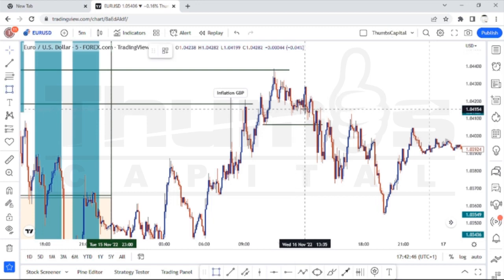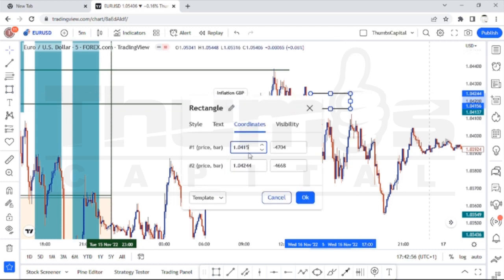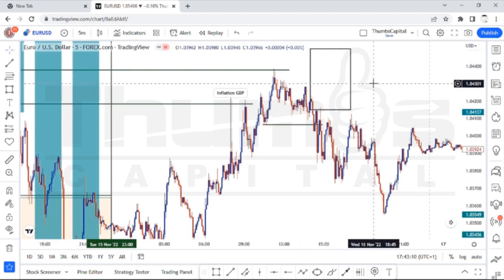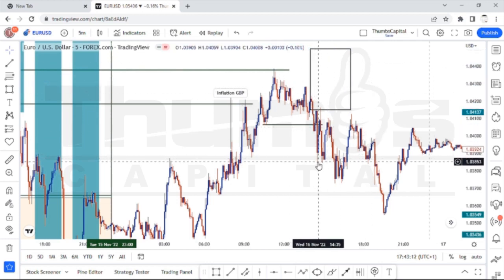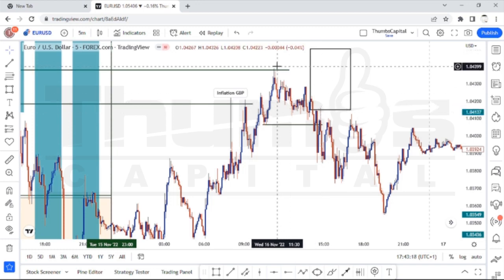The closest minor EBITDA price to the supply zone is 1.0415, and the next one to that is 1.0450. So this is the EBITDA zone. As you all can see, I had my entry right here and my stops at the high right here.